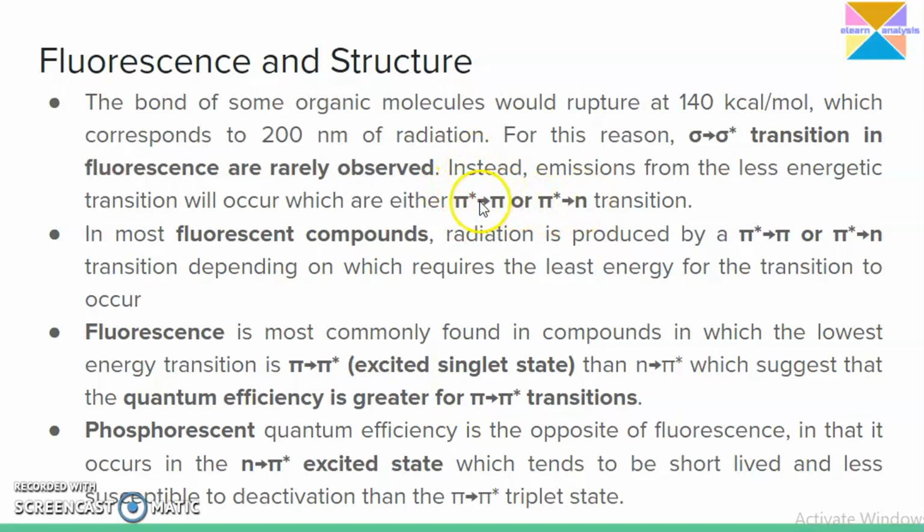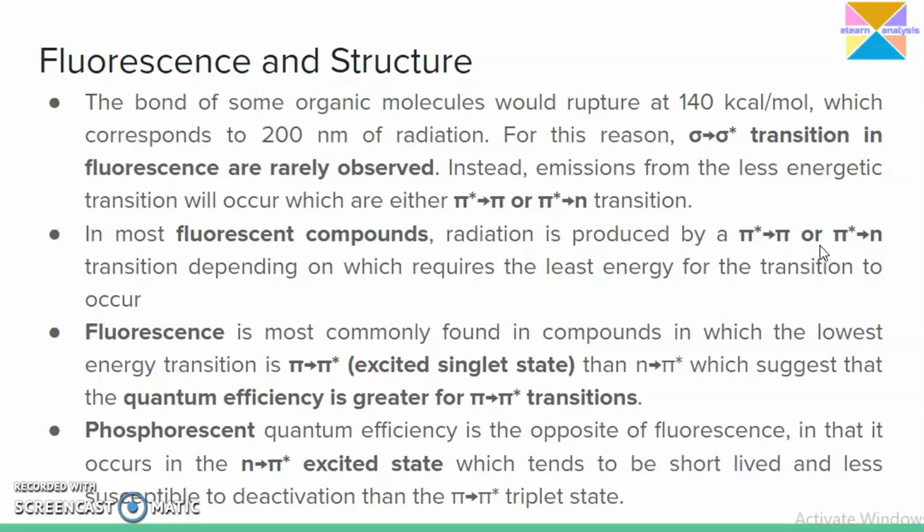So these two, pi star to pi and pi star to n transitions, are much involved in fluorescence phenomena. In most fluorescent compounds, radiation is produced by these two transitions, pi star to pi or pi star to n, depending on which requires the least energy for the transition to occur.